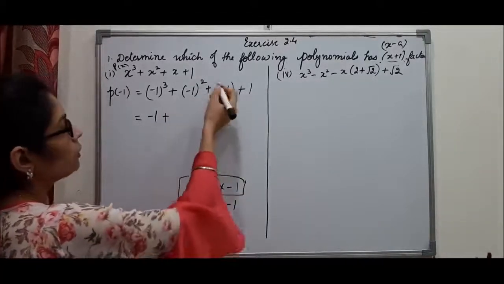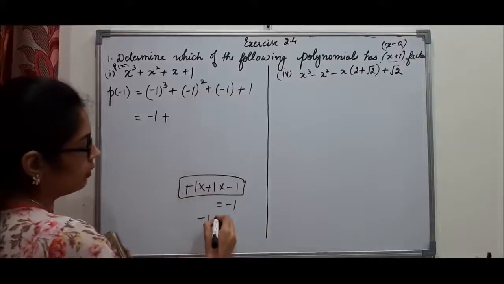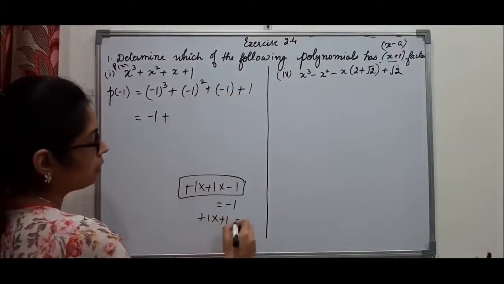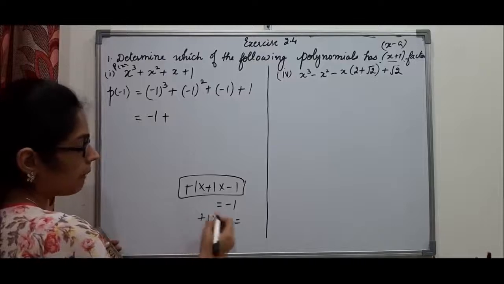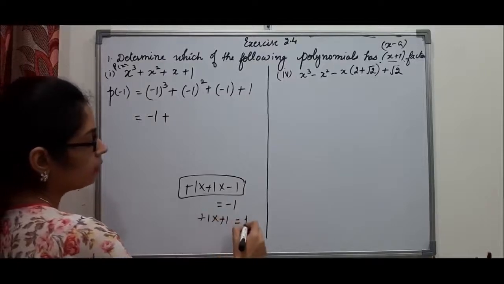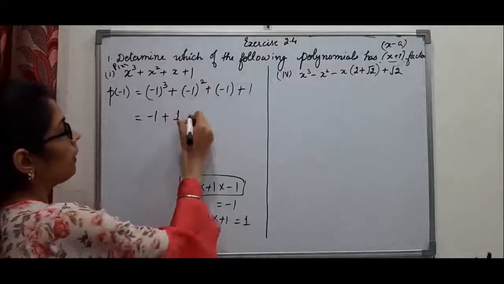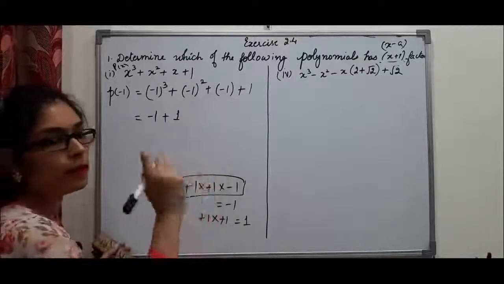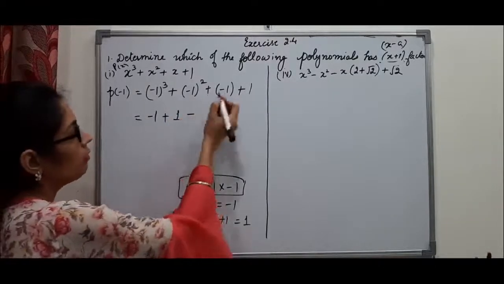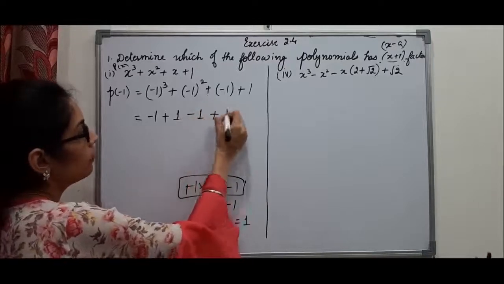So plus the square of minus 1. Even power means positive answer. You can see minus 1 into minus 1, both the minus signs will get cancelled and I am left with 1. Plus minus is minus, so this sign will be changed into minus plus 1.